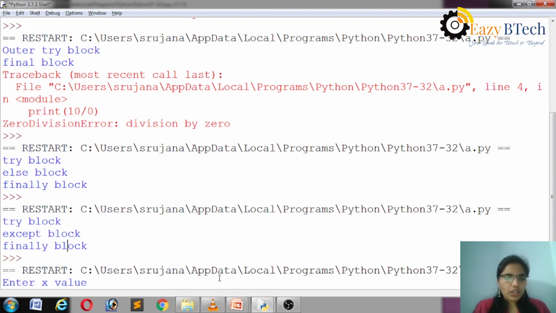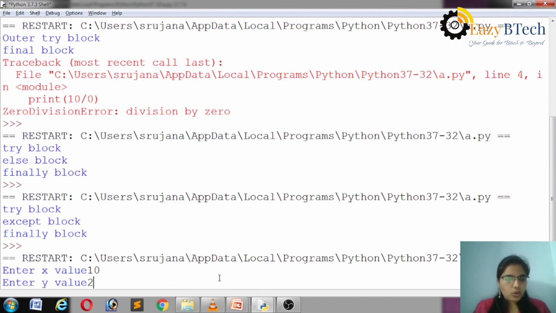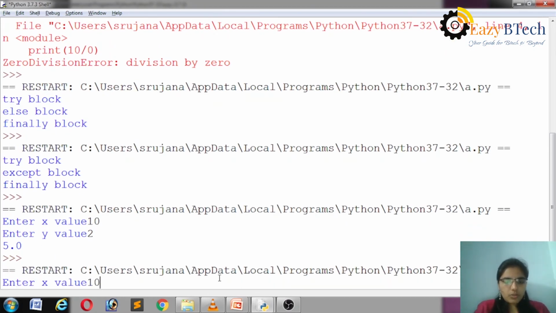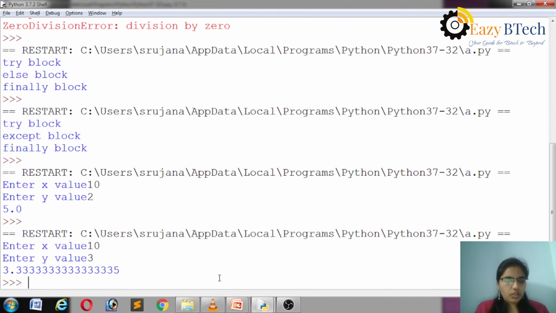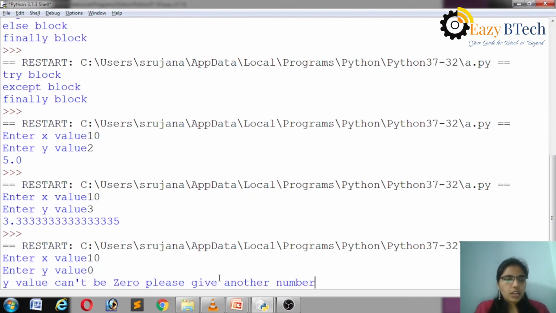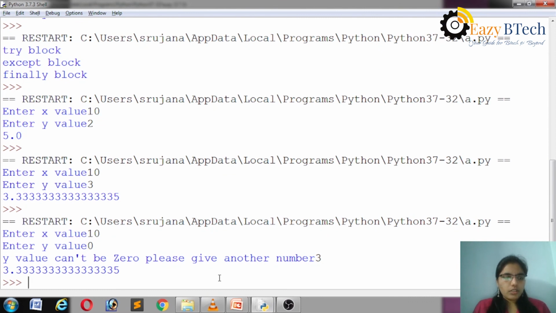Here I am giving 10, 2. The answer is executed successfully. After that I am giving 10, 3. After that 10, 0: y value can't be 0, please give another number. So 3, and 3.333 is the answer.